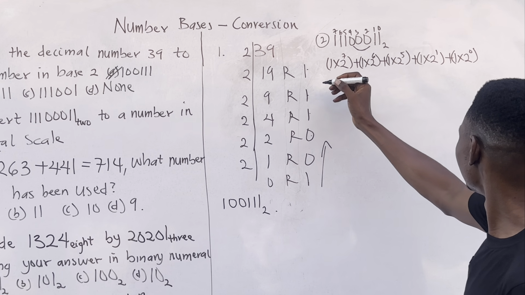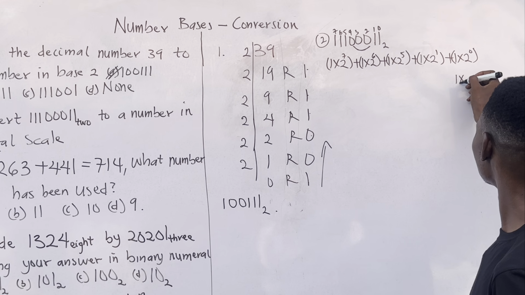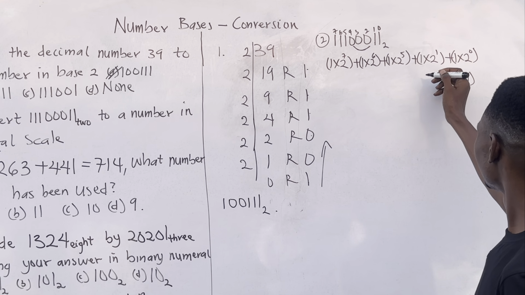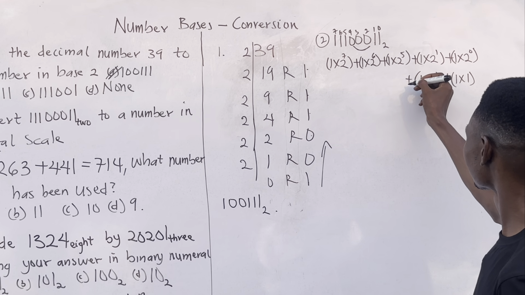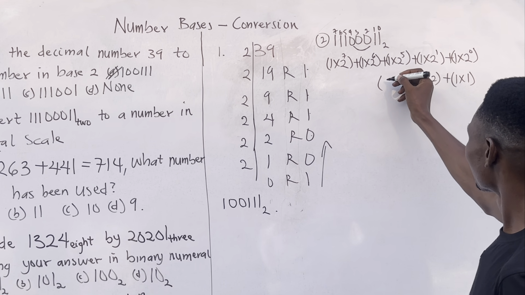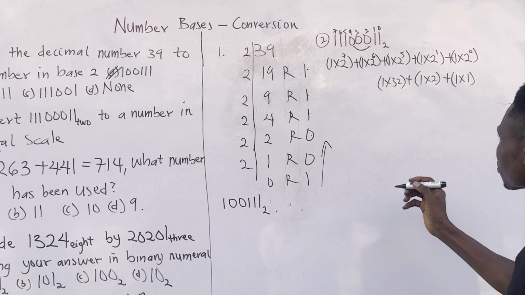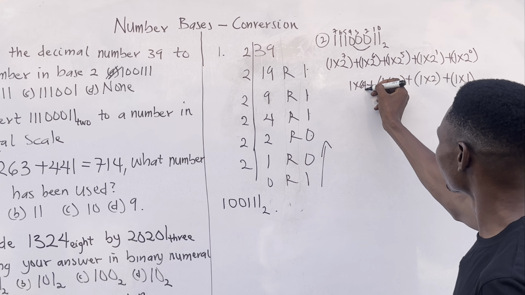Okay, so let's come from this way. So here we have 1 multiplied by 1. Here will be 1 multiplied by 2 raised to the power 1 is 2. 1 multiplied by 2 raised to the power 5 is 32. 1 multiplied by 2 raised to the power 6 is 64.